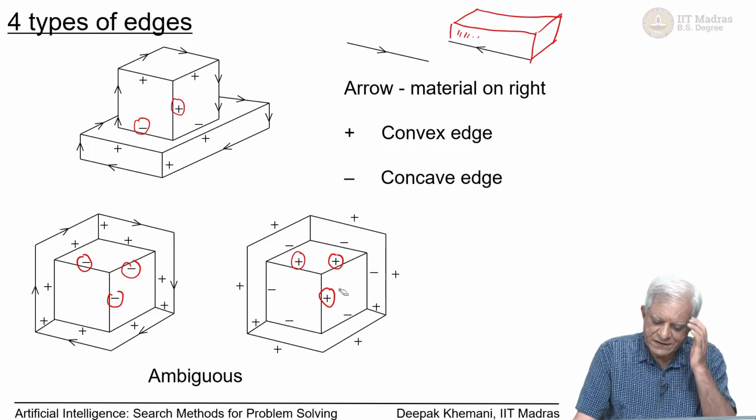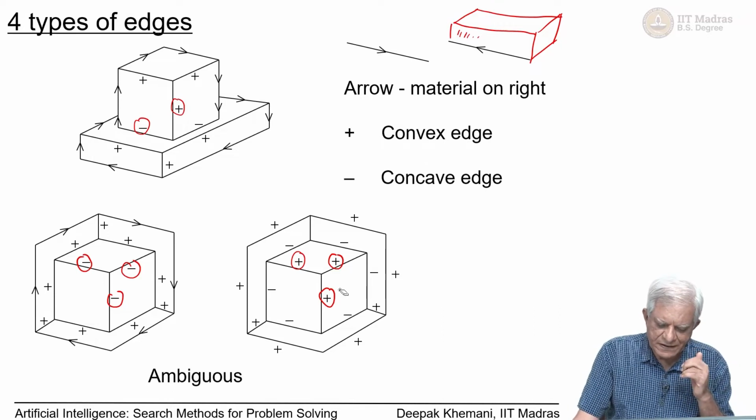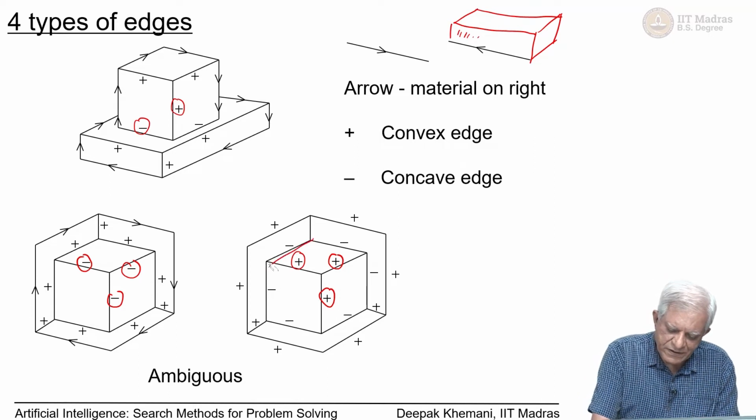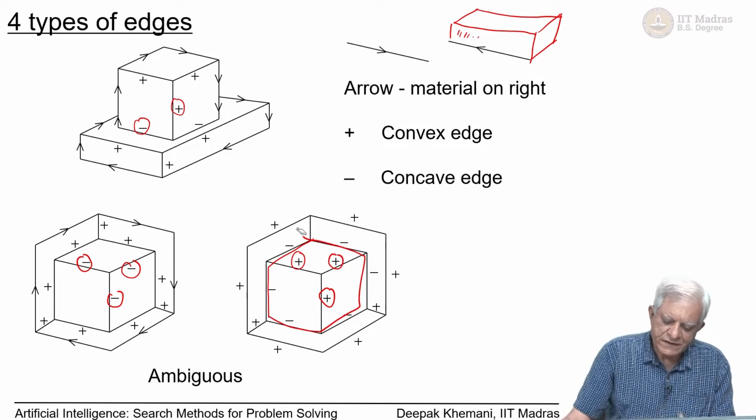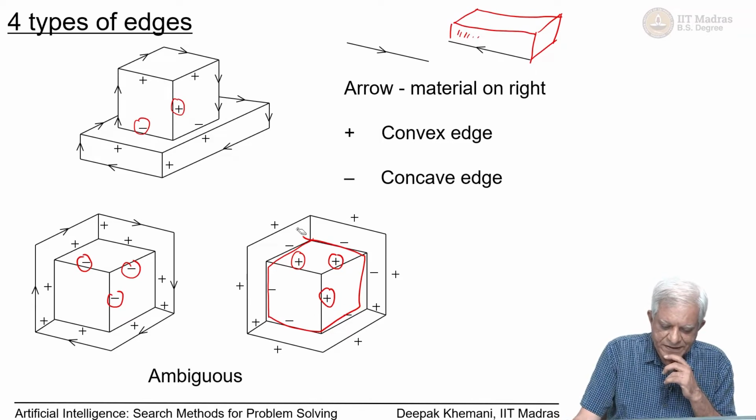What does that mean? That we are looking at a cube here essentially, and that is why they are convex edges essentially.